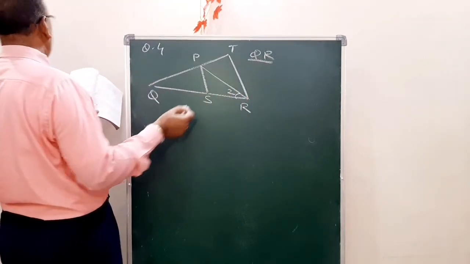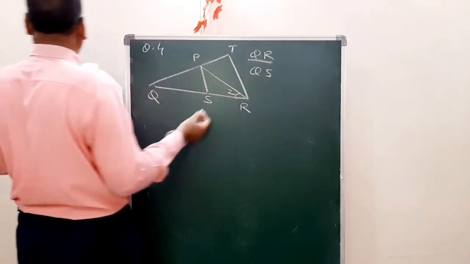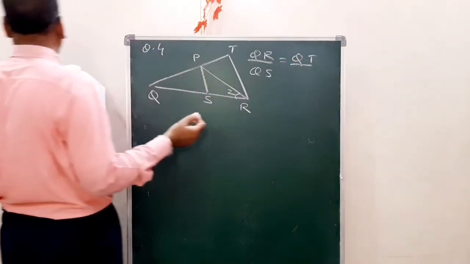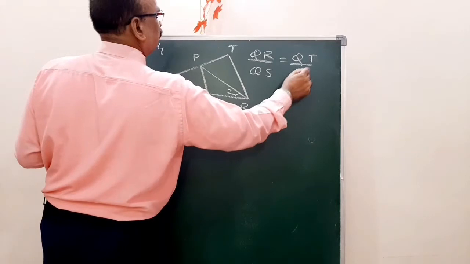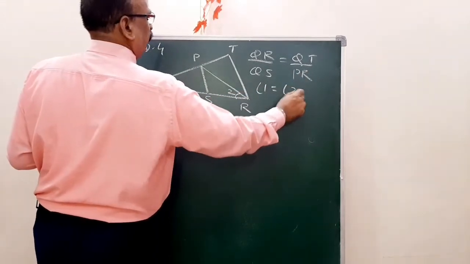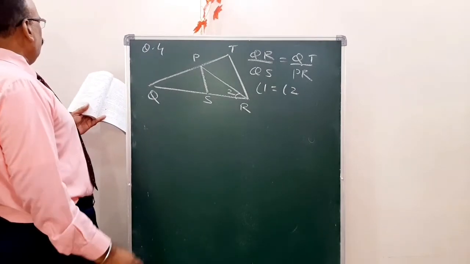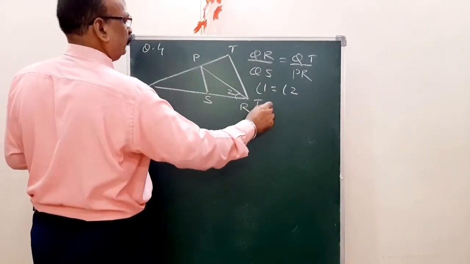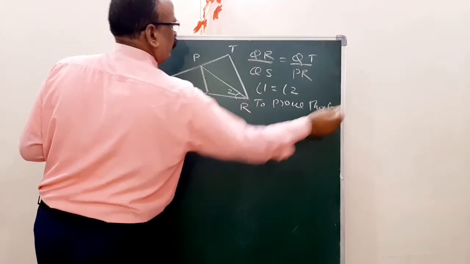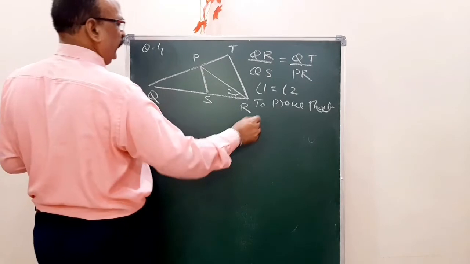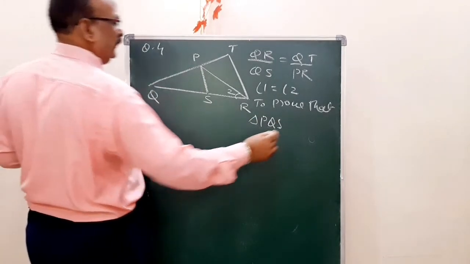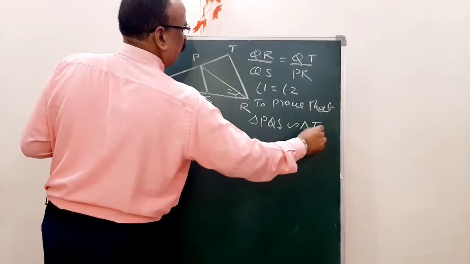QR upon QS is equal to QT upon PR, and angle 1 is equal to angle 2. This is given to you. To prove that triangle PQS is similar to triangle TQR.